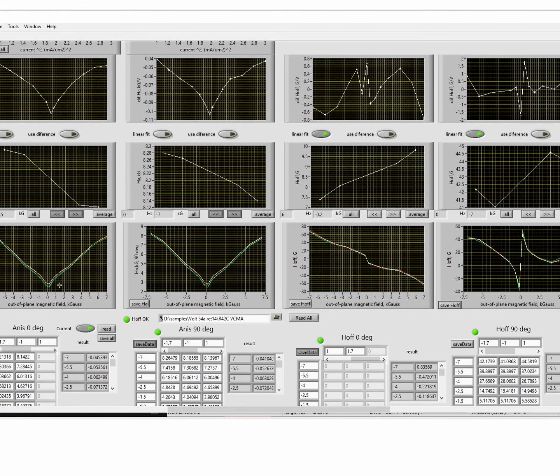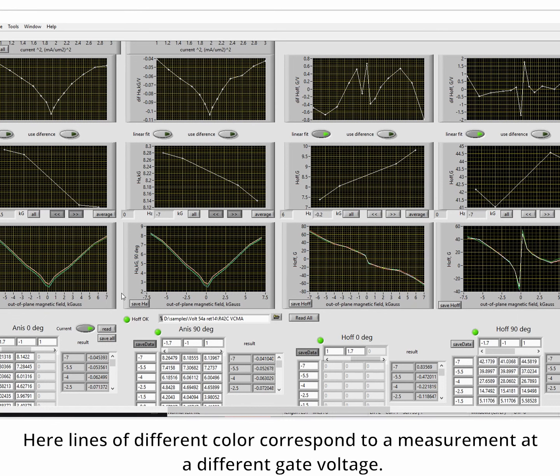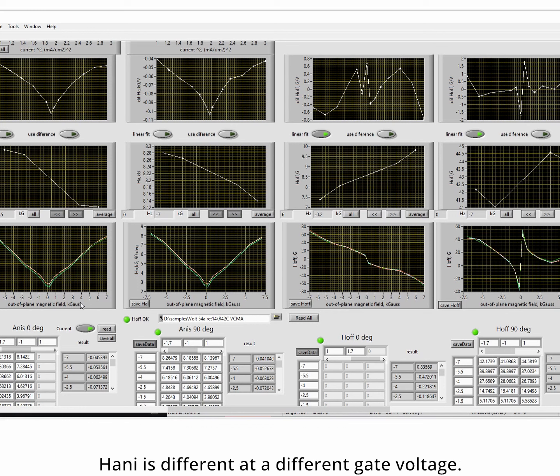I would also like to remind you that gate voltage does not modulate offset field. This is measurement data of anisotropy field and offset field. Lines of different color correspond to measurement at different gate voltage. The anisotropy field is different at different gate voltage, as you can see. There is no influence of the gate voltage on the offset field.